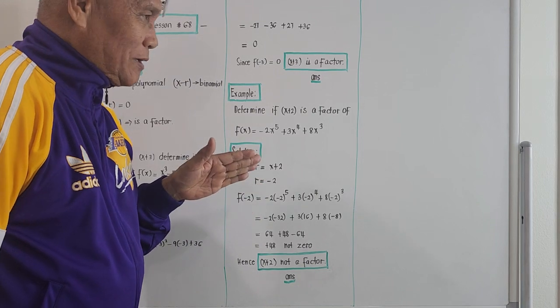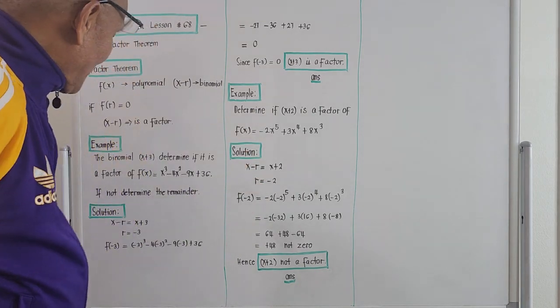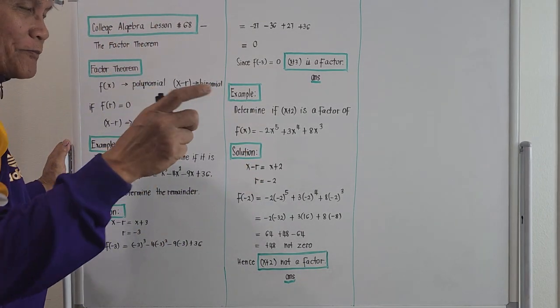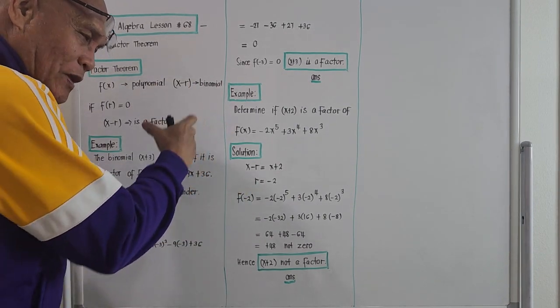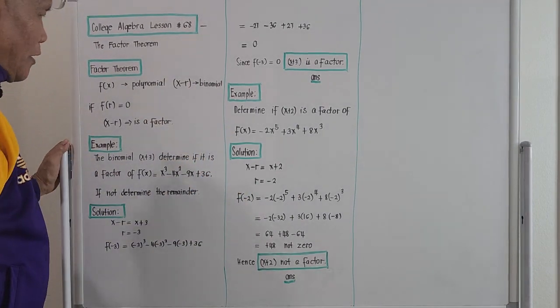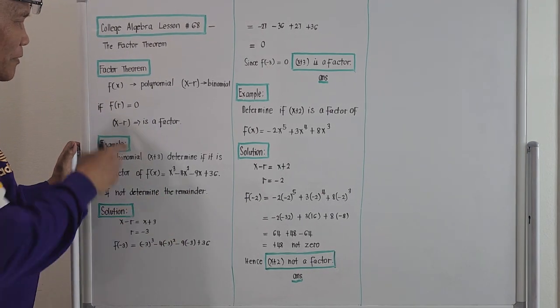The topic for tonight is the factor theorem, and the factor theorem is actually different from the remainder theorem. Let's try to bring out the concept of the factor theorem.